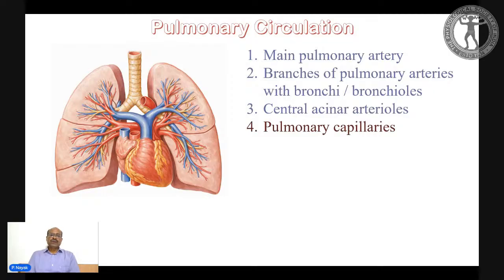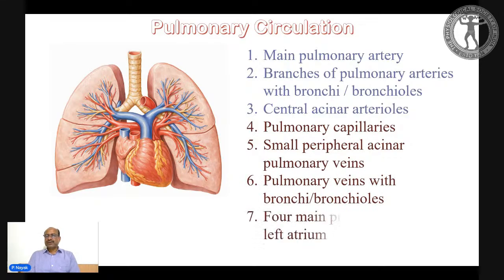I'm not going into anatomical detail, but overall this part of the circulation carries deoxygenated blood, and in the pulmonary capillaries it is oxygenated, and then it comes as small peripheral acinar pulmonary veins with bronchi and bronchioles, and then four pulmonary veins to the left atrium.